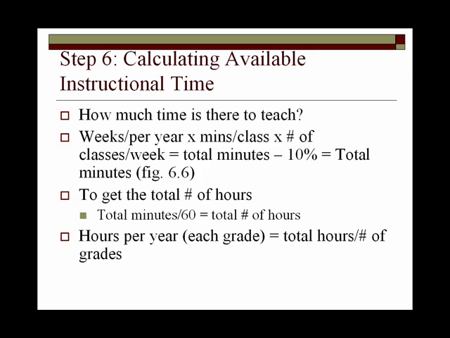And this is going to be number of hours per year for each grade level. So if we see that in elementary there are 6 grades, we take 194.4 divided by 6, so we take the total number of hours divided by the number of grades, and we get 32.4 hours per grade. So we have 32.4 hours per grade for our instructional time for the elementary school kids.